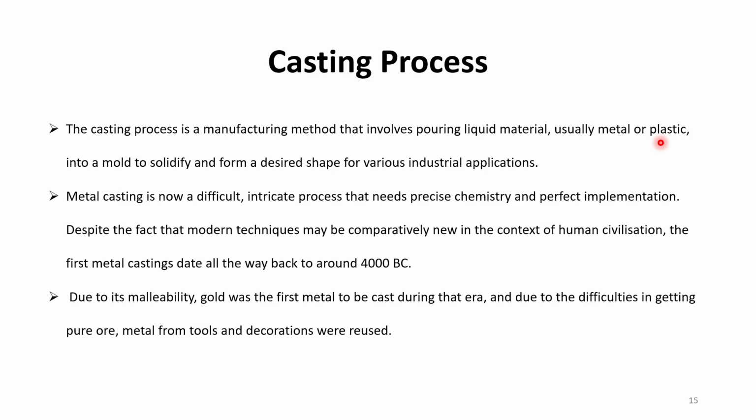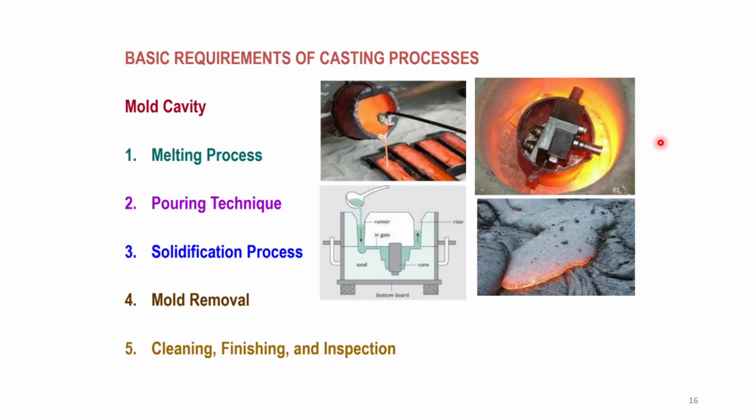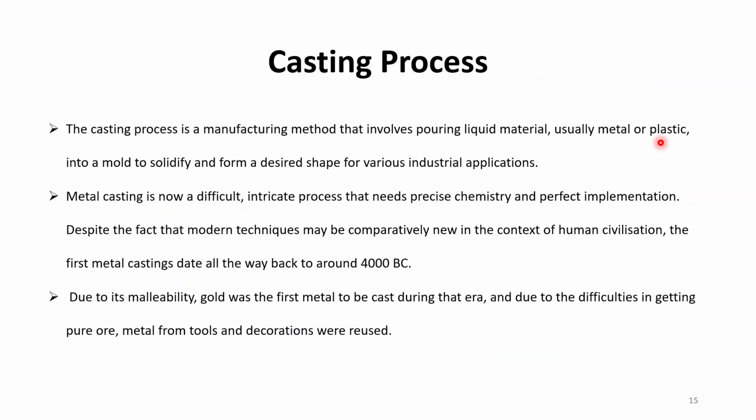And due to the difficulties in getting pure ore, metal from tools and decorations was reused. So gold was the only one which doesn't form many different ores, right? Different oxides or different chlorides. So it was easier to melt and form it as a casting.